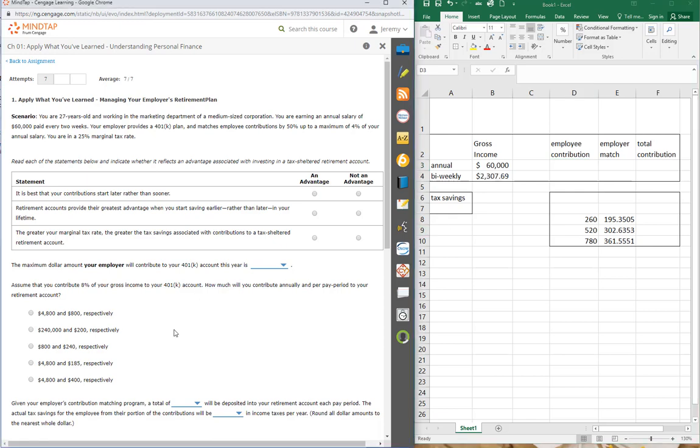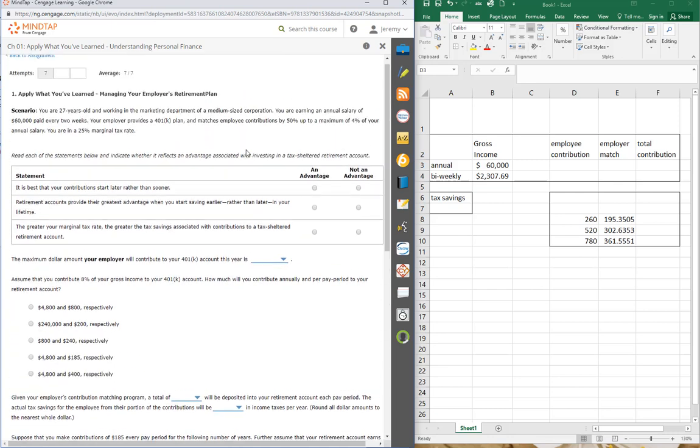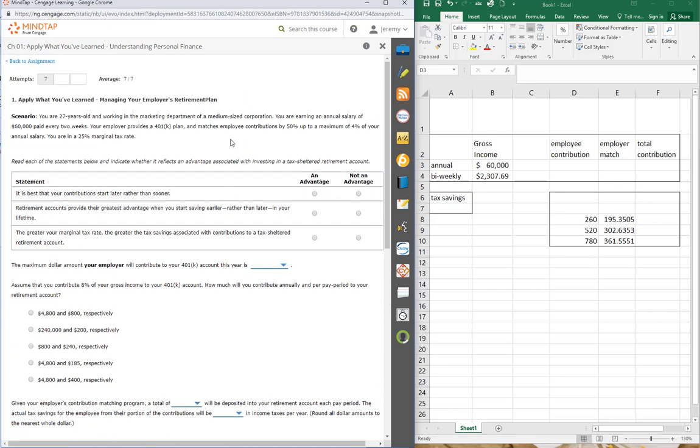So let's move on down to some of the actual math questions here. It says the maximum dollar amount your employer will contribute to your 401k this year is. Okay, so in order to do that, what I need to do is look up the rules or the scenario we had earlier. So $60,000 a year, my employer will match up to 4% of my annual salary.